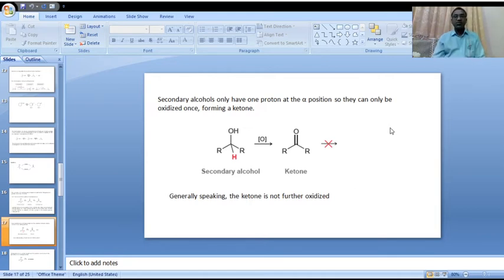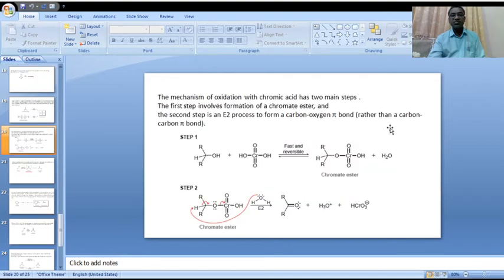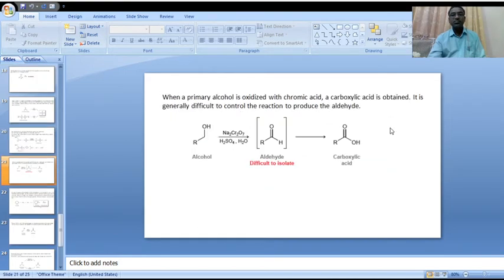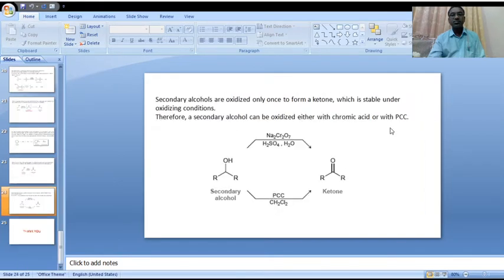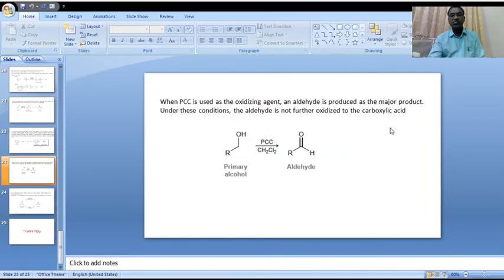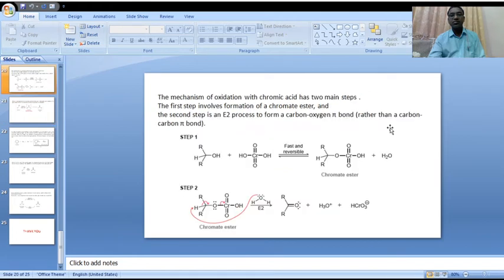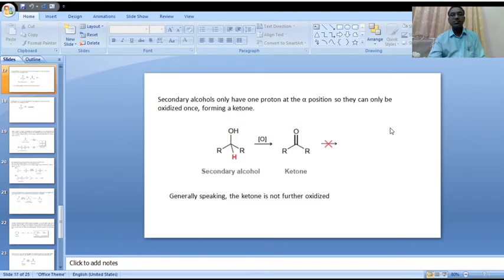Now let us go to secondary alcohols. Secondary alcohols undergo oxidation. Secondary alcohols have only one proton.